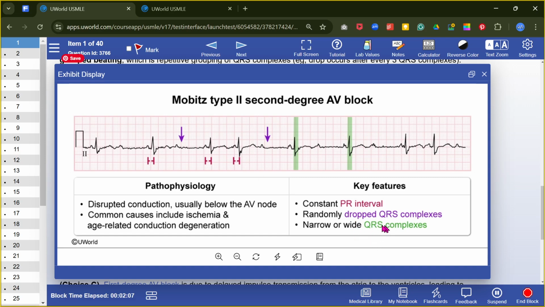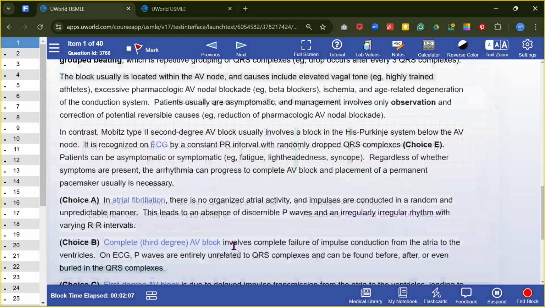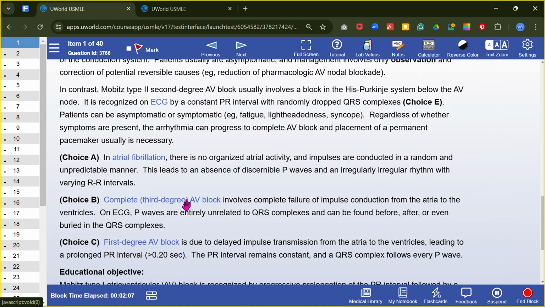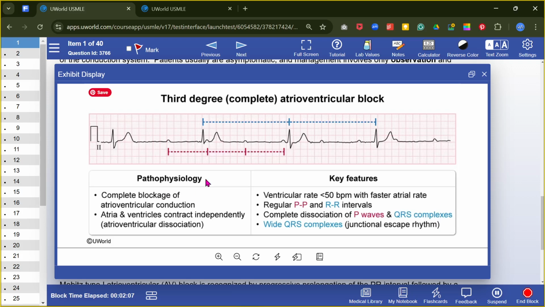and there is a narrow QRS complex and the complete heart block. Look at the complete heart block. In complete heart block, I have always told you atrial rate and ventricular rate, like regular PP, regular RR. Look at the PP and look at the RR, and the ventricular rate is less than 50.